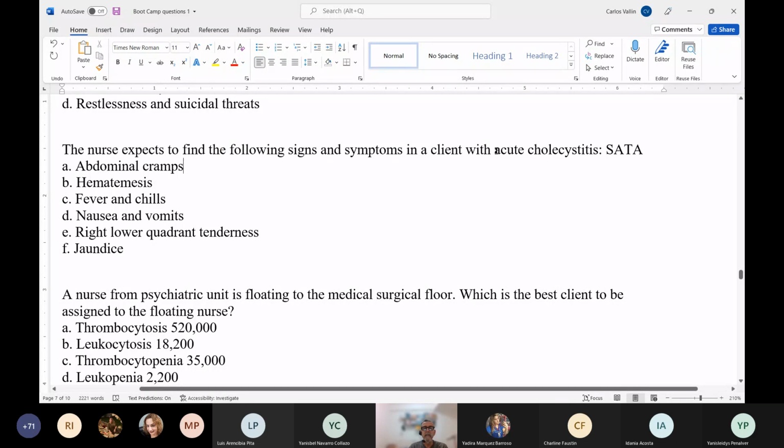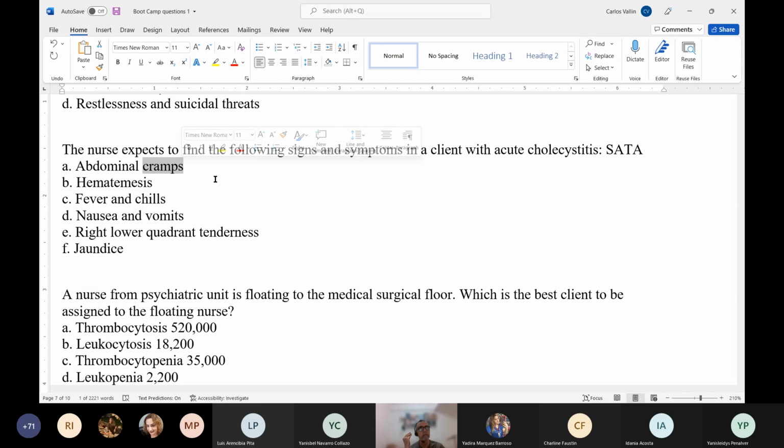The pain of cholecystitis is continuous, it's not cramps. So when you see abdominal cramps, you think of colic in your intestine, which everybody knows, because at least once in your life you had diarrhea. It's not the usual. It's a sustained, continuous pain in the right upper quadrant.